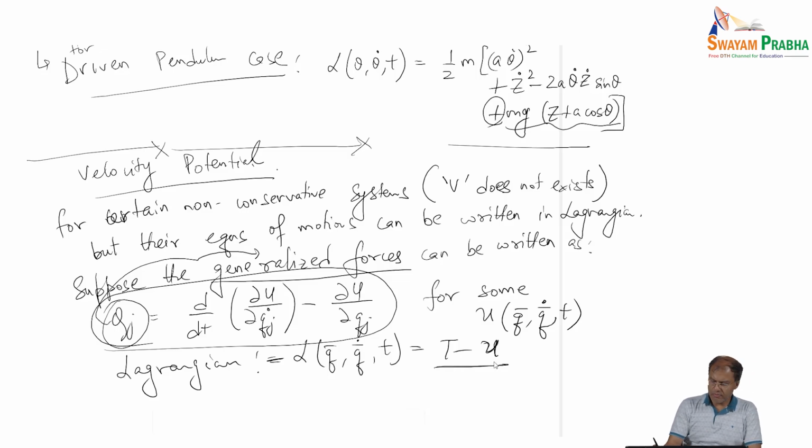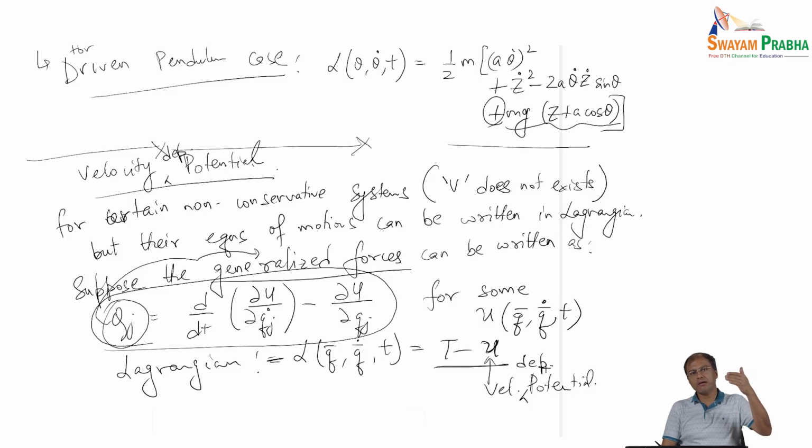Well, let me be very careful. Let me call this a velocity dependent potential, not velocity potential. Why? Because the concept of velocity potential appears in magnetic systems, magnetohydrodynamics, which we will see through some examples later on. So let us not confuse the terminology here.